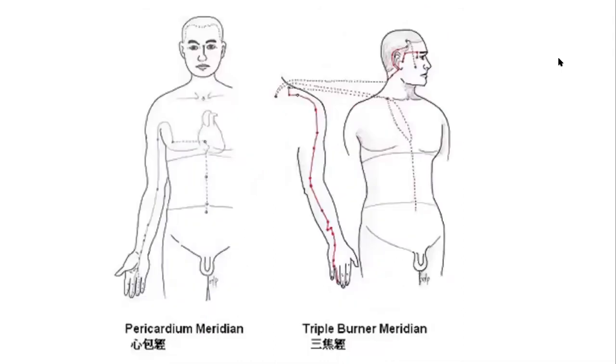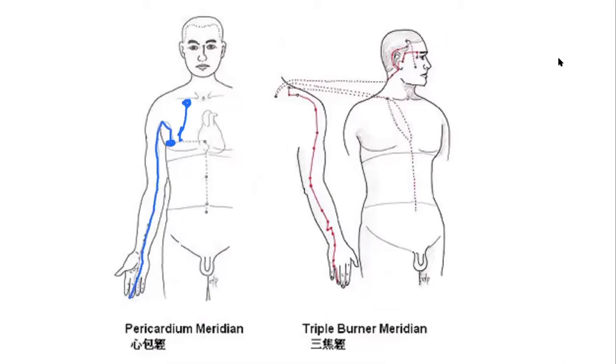So now the pericardium and the triple burner meridian. The kidney channel ends around this area. It jumps to pericardium 1, which is kind of at the side of the nipple, goes up to the middle finger.